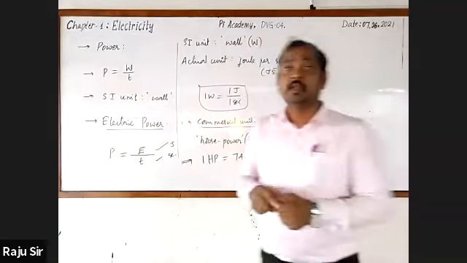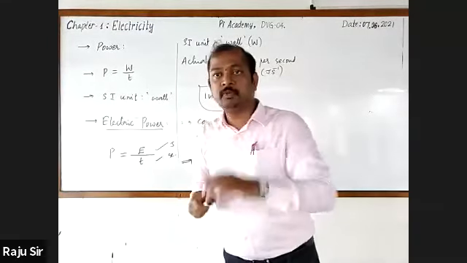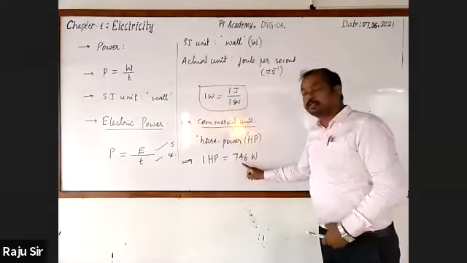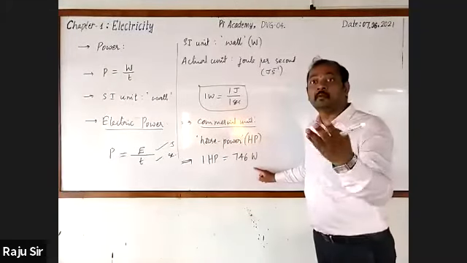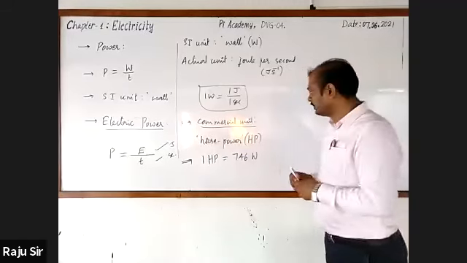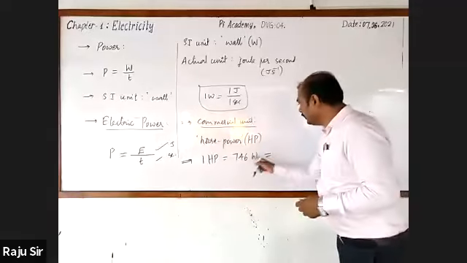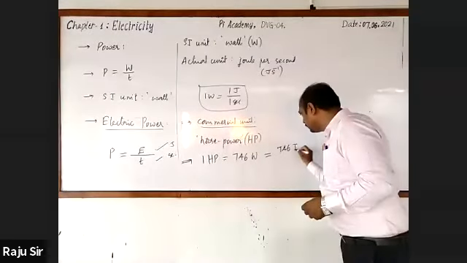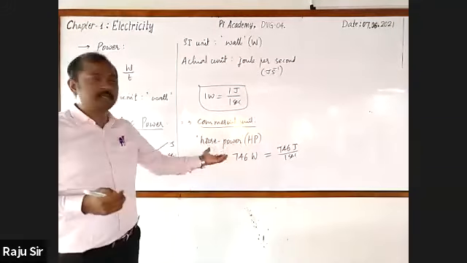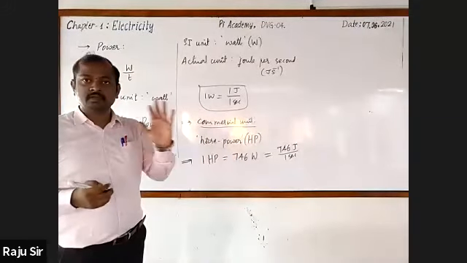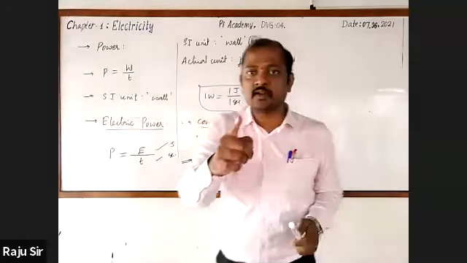If you are using a 1 HP motor, it means its capacity will be 746 watts, which means that for every second that motor will use 746 joules of energy in just 1 second. This is the capacity of that motor. Clear? Okay. Did you understand or not?